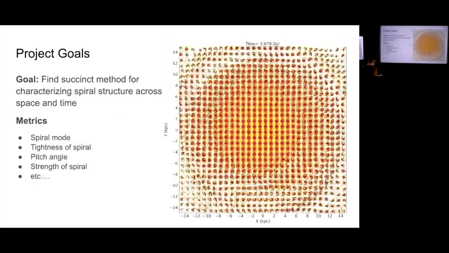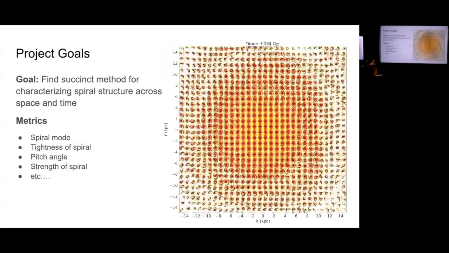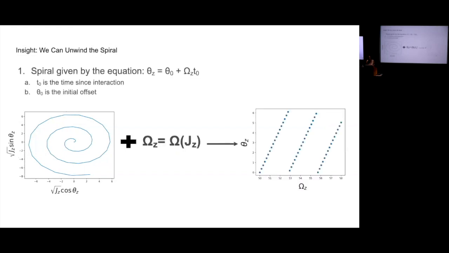And you could imagine other metrics or combinations of these metrics. So the insight we came to very early on, talking to Catherine, was that we can unwind these spirals. Imagine you have some spiral in action angle space. As Uddipan showed, that spiral is given by a very simple equation.